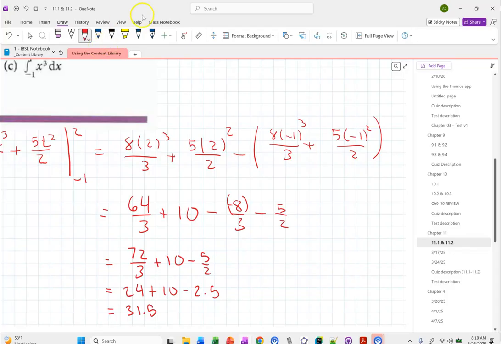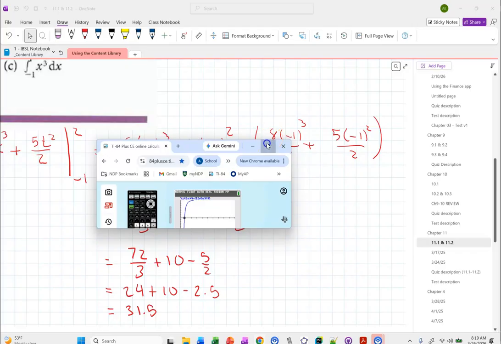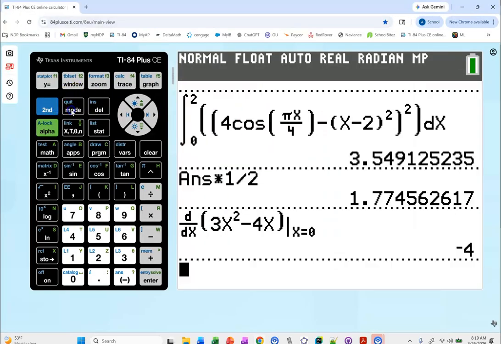Now I'd like to point out that while your graphing calculator can't do an indefinite integral, it can do a definite integral. If you have your graphing calculator with you and you'd like to follow along, or if you don't have yours, I have calculators on my desk. You're welcome to borrow one.